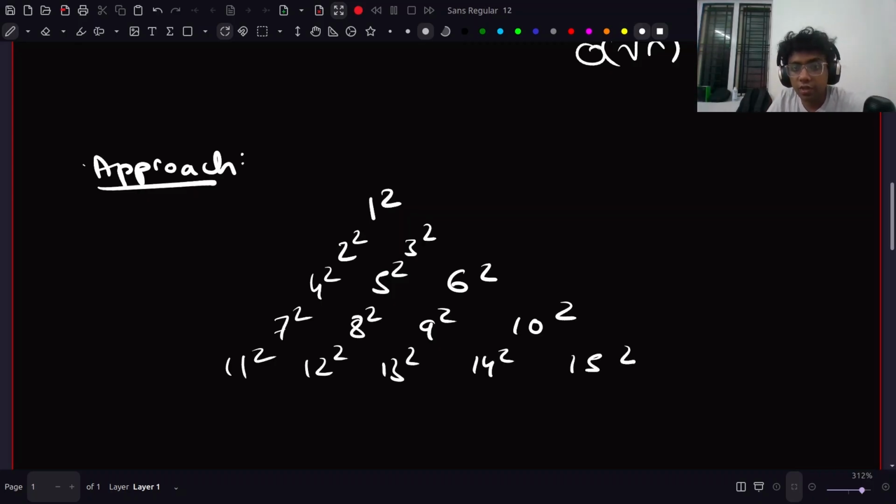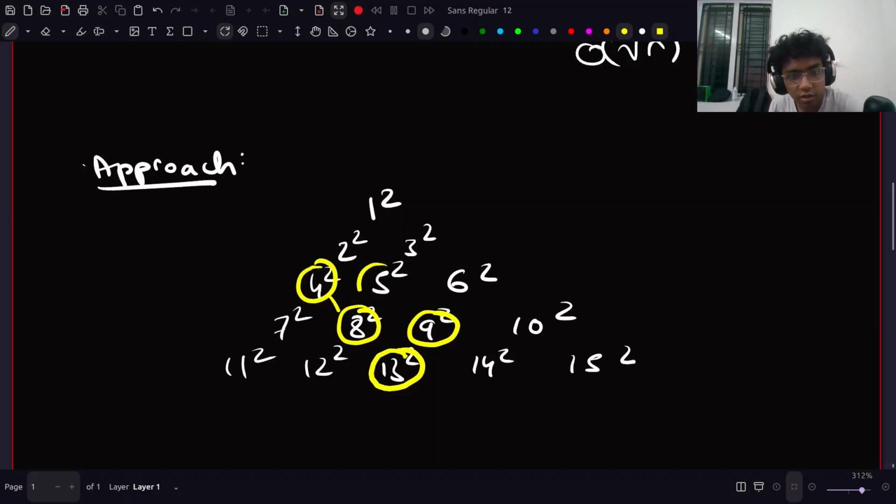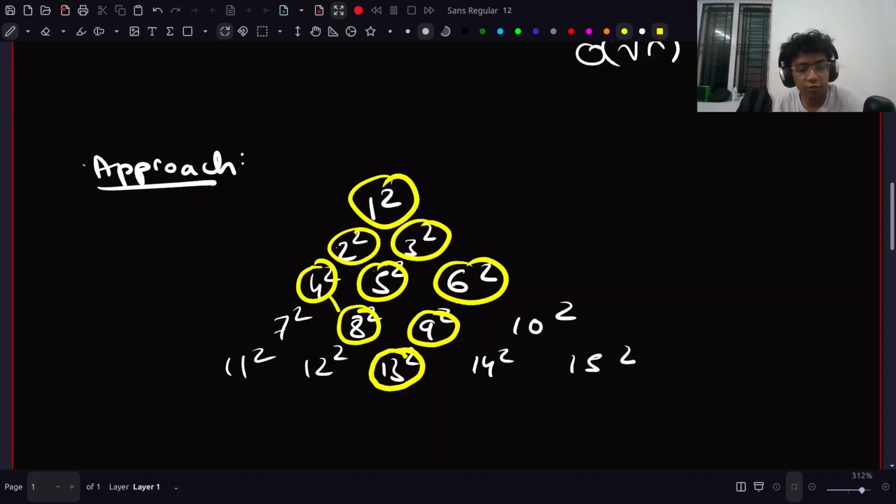Let's say we chose a particular element to drop, say we hit 13 square. Which elements would fall? The ones directly above it. This will cause a chain reaction, so the ones directly above those will also fall. These are the elements which will end up falling.